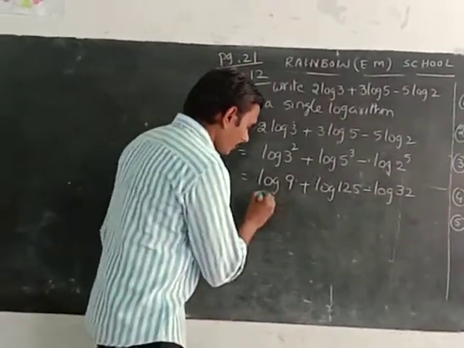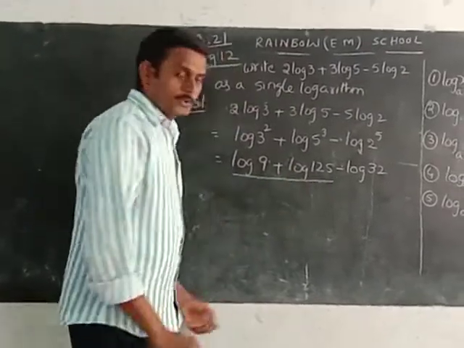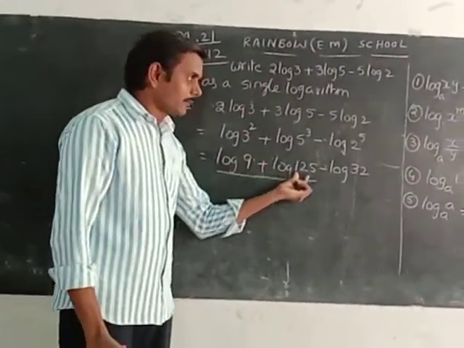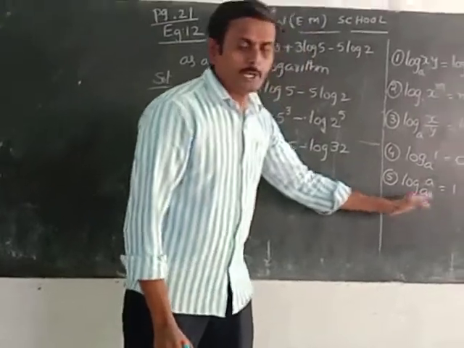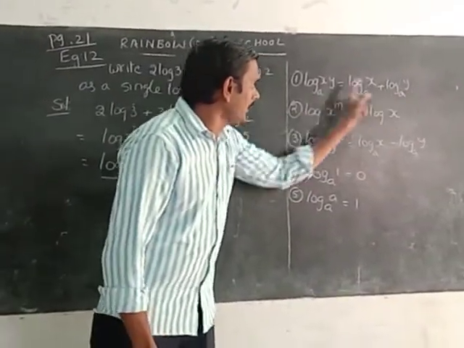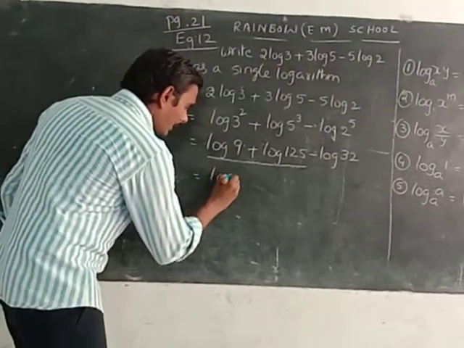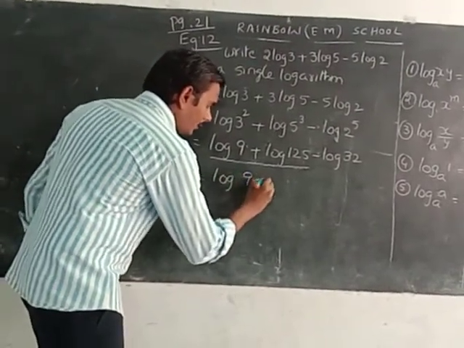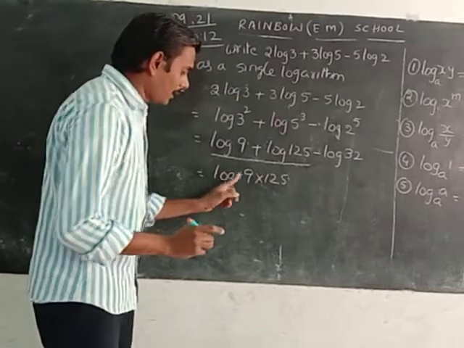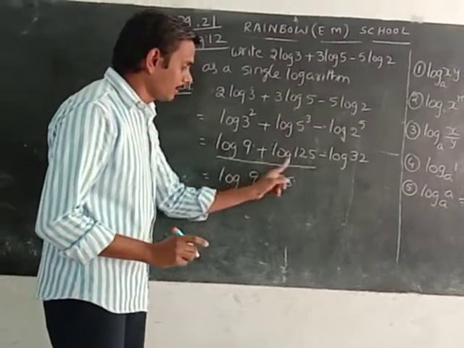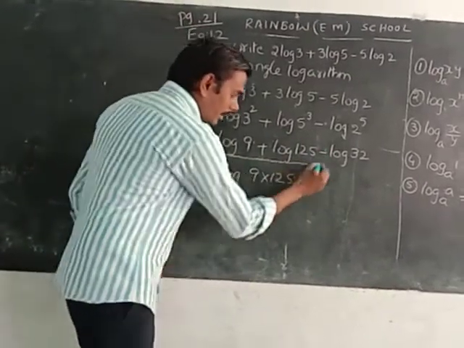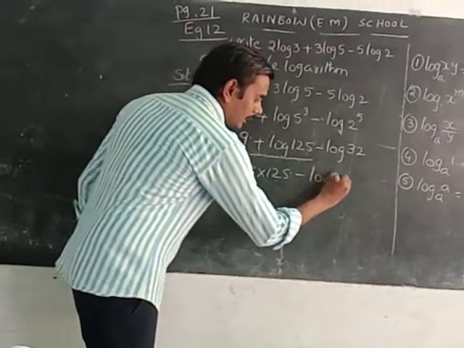Now, if you simplify this first, log x plus log y, which form is suitable for us? The base is not given. Log x plus log y equals log xy. Now we write log of 9 into 125. The remaining part is minus log 32.